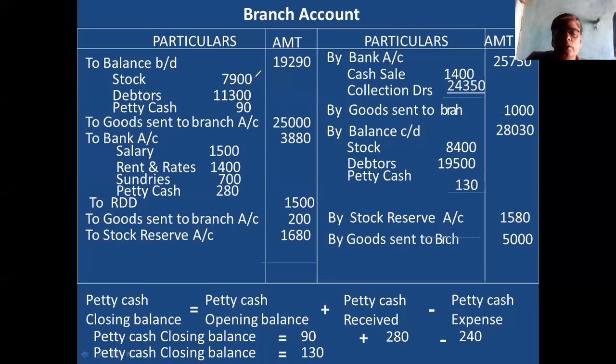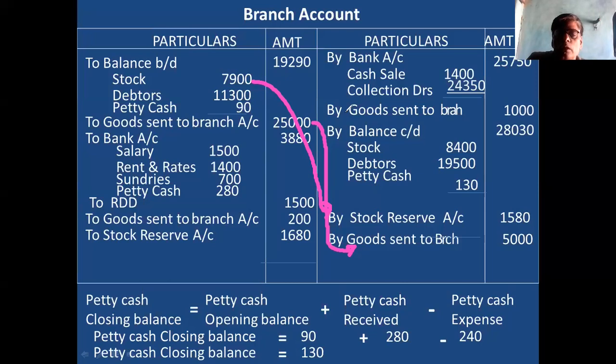You see here, once again I will show the process. On this opening stock, you calculate the loading and write it as by stock reserve. Next, on the goods sent to branch, you write as by goods sent to branch. As per the equation, you calculate the amount: 25,000 into 1/5, 7,900 into 1/5.